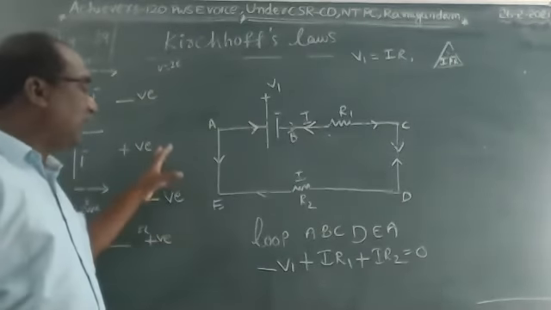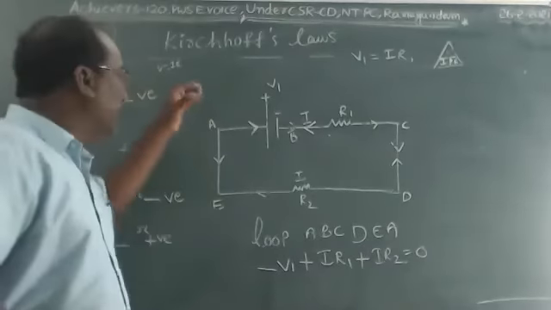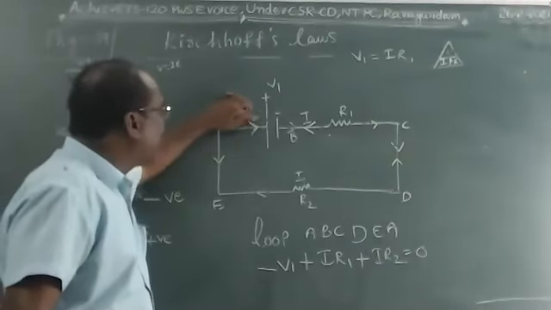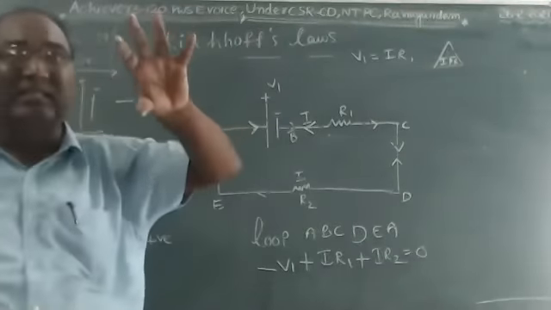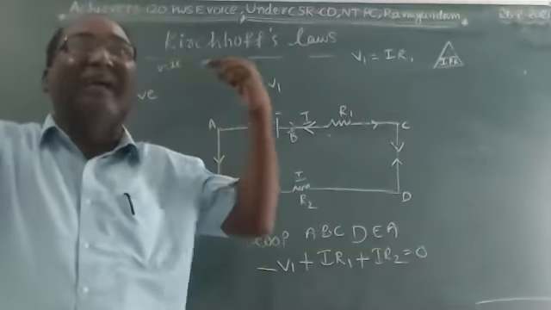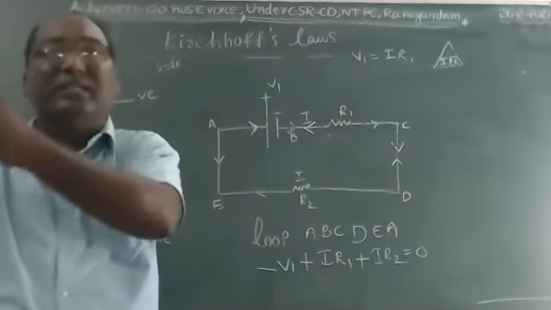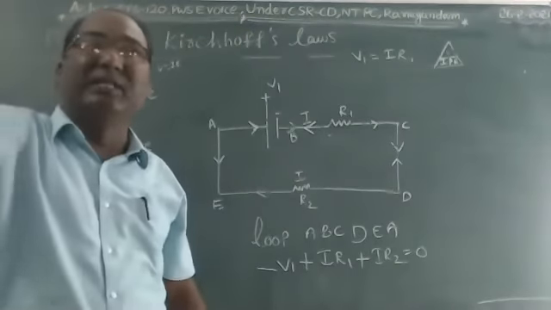So children, I will repeat once again. In this loop class, the directions of current and voltage are the most important. You have to concentrate on the directions: in which side the voltage moves and in which side the current moves.